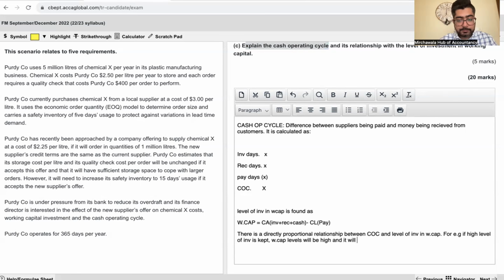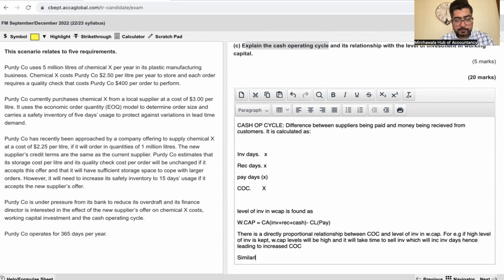And it will take time to sell inventory. More inventory means more time to sell inventory, which will increase inventory days, hence leading to increased cash operating cycle.